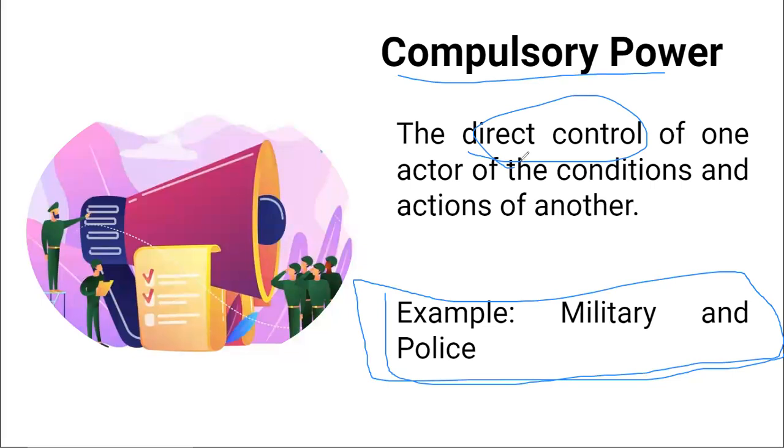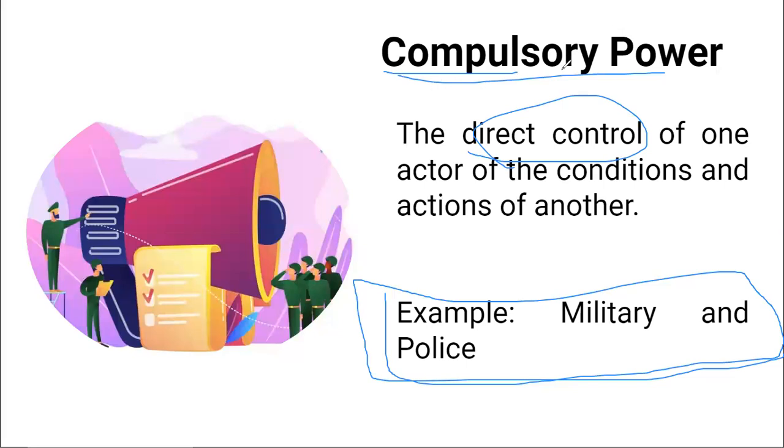And meaning to say, if it is compulsory, you do not have any options rather to follow, okay? You have to follow unless there will be a consequence. It could be an assault, it could be an imprisonment, it could be a death penalty, etc.